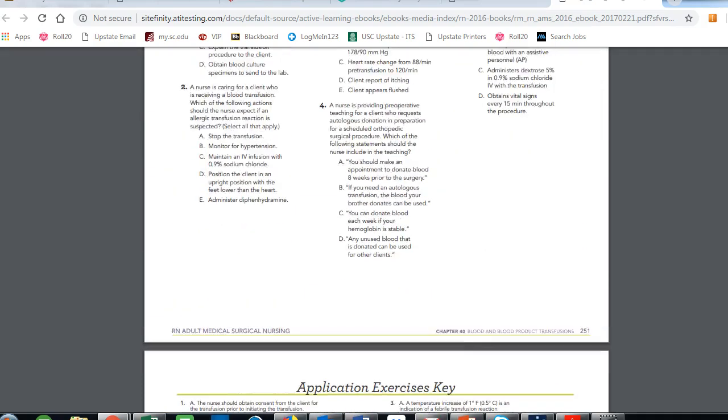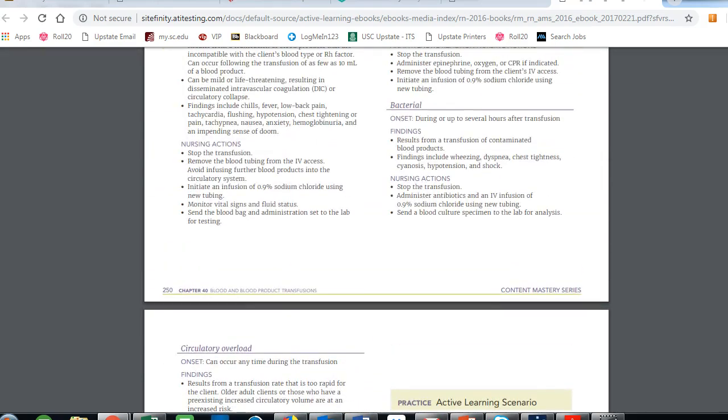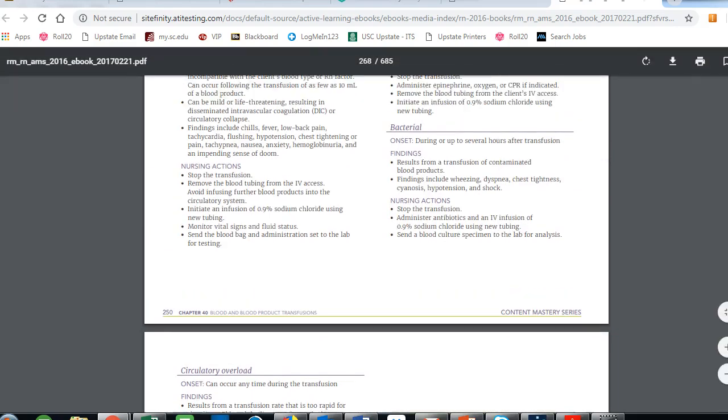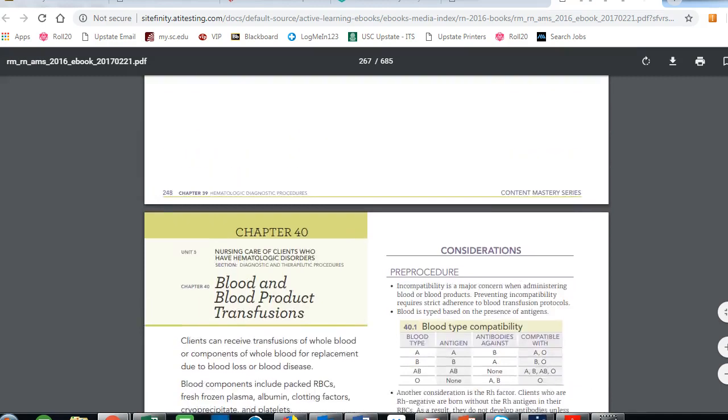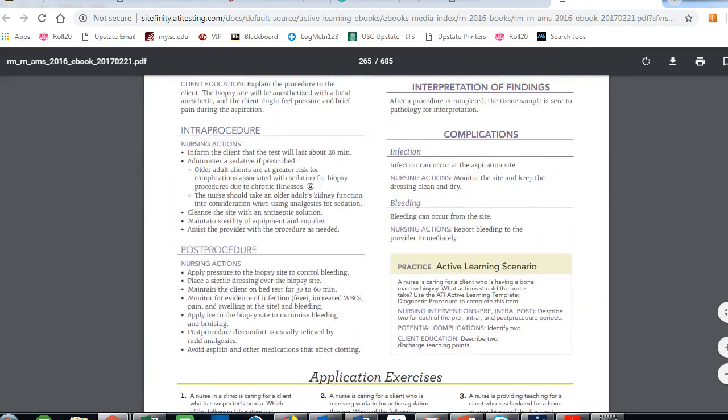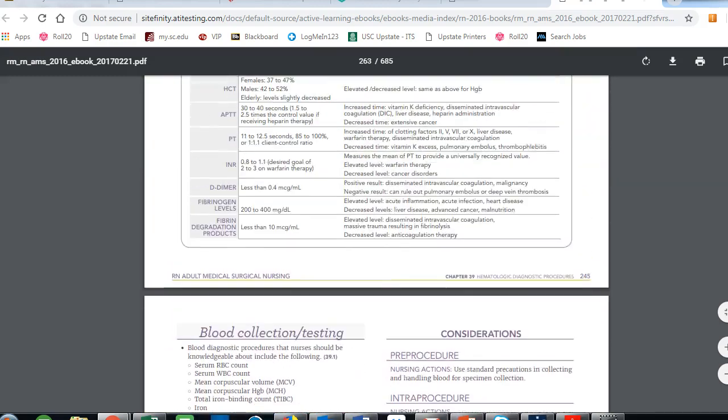So when it starts talking about MI, please peruse that, but don't waste a lot of time on it, because the only thing that we're really focusing on with MI is the difference between stable angina and unstable angina, excuse me.